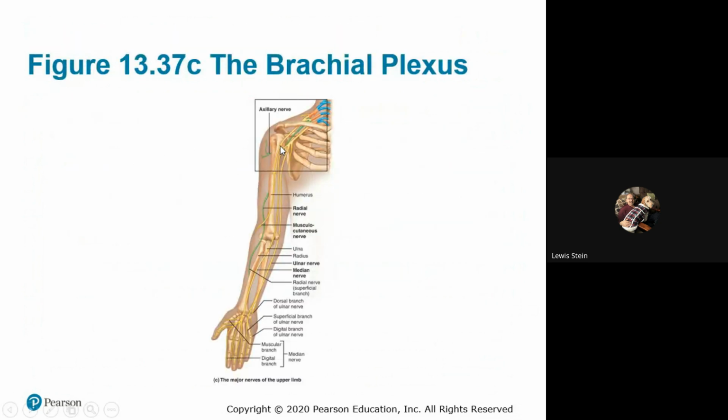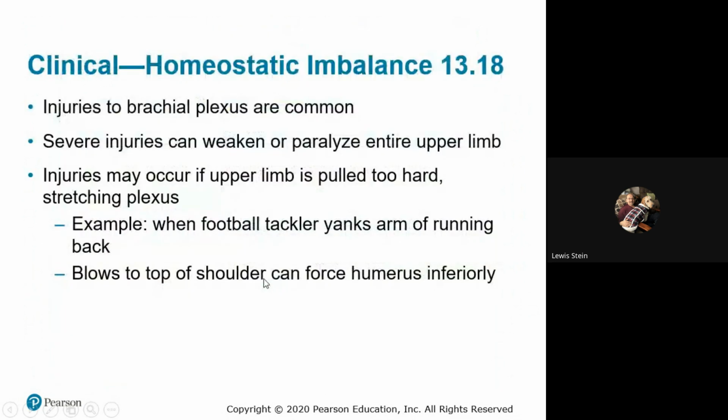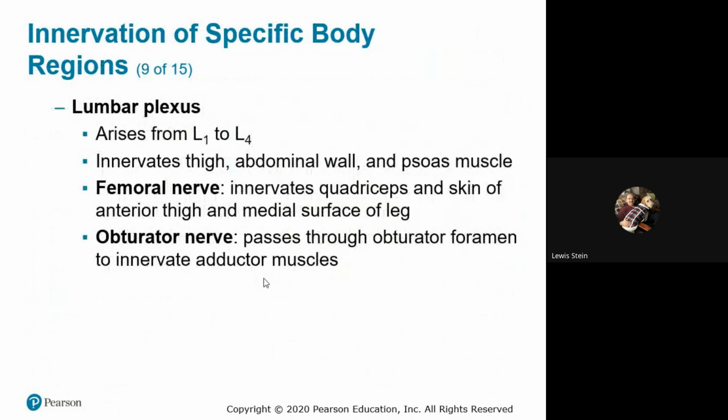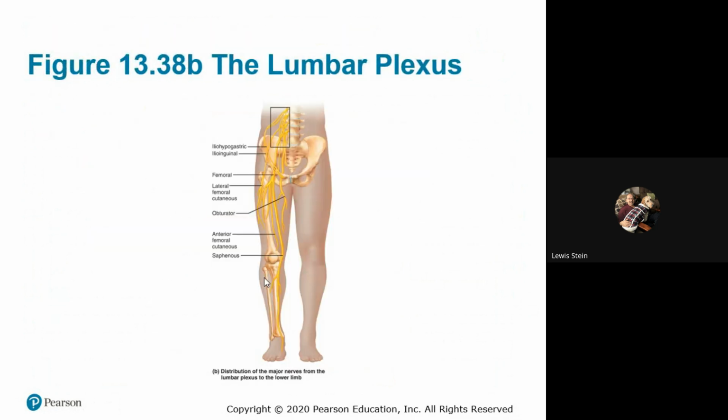So I'd be able to point toward axillary nerve and musculocutaneous nerve and radial and median nerve and ulnar and radial nerve. Not a lot you can do with that.